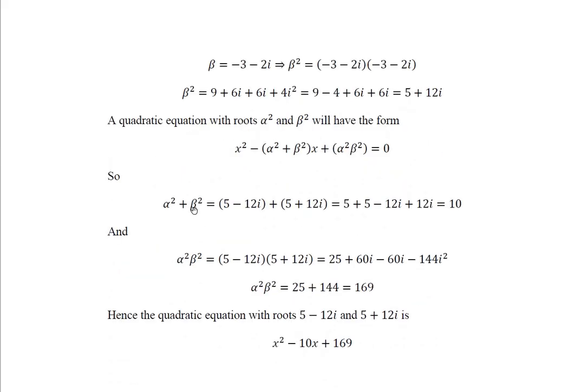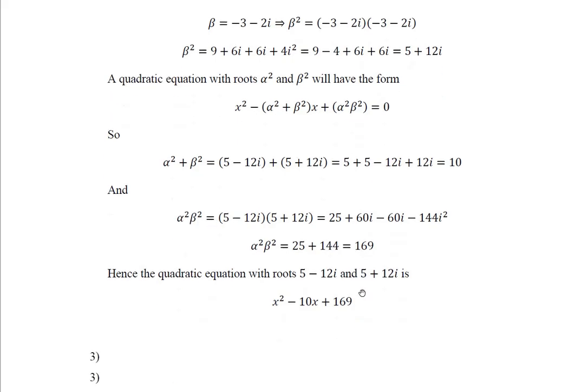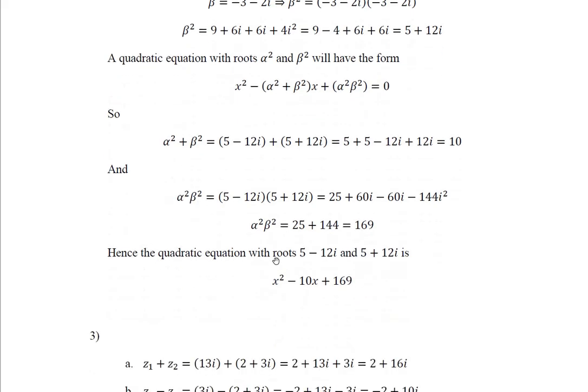So alpha squared plus beta squared is equivalent to 10, and alpha squared beta squared is equivalent to 169. Hence, the quadratic equation with roots 5 minus 12i and 5 plus 12i is x squared minus 10x plus 169.